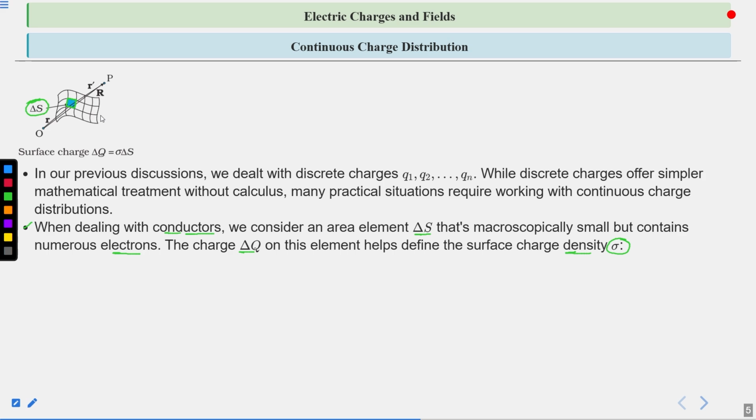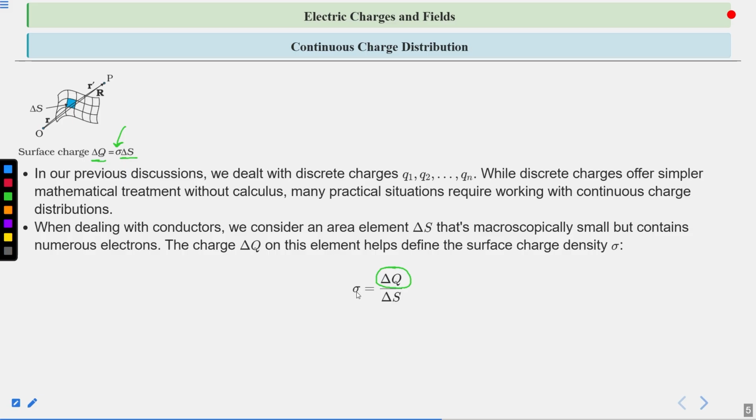To calculate the charge, delta Q is the charge. In the delta S region, the total charge is sigma into delta S, where sigma is the surface charge density.